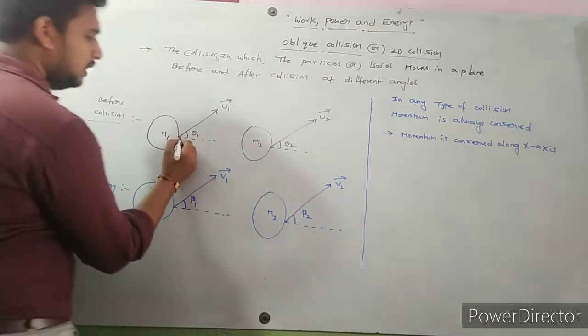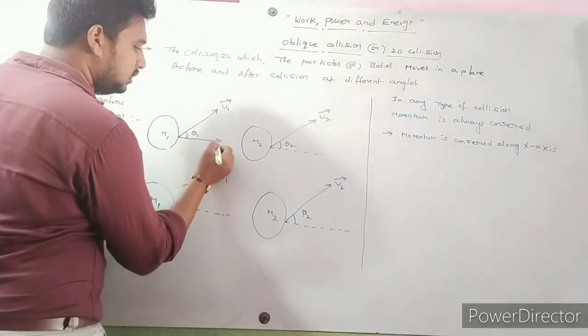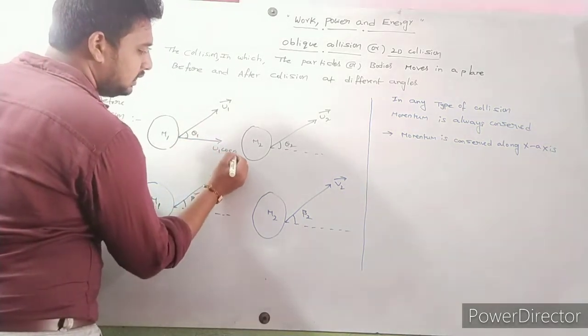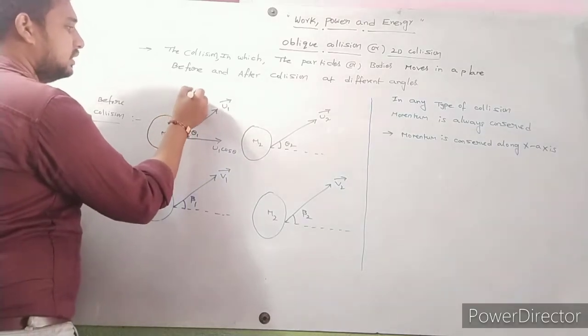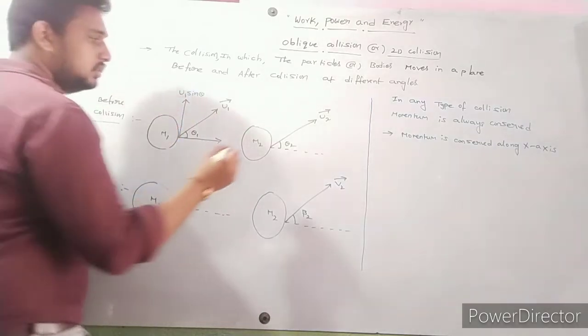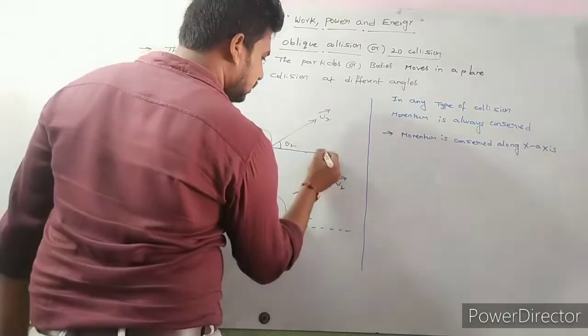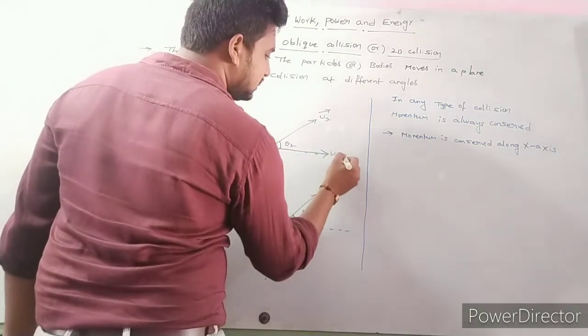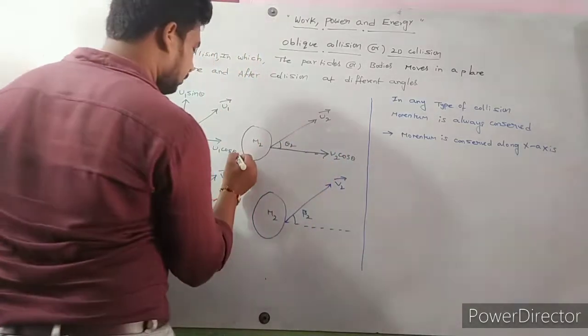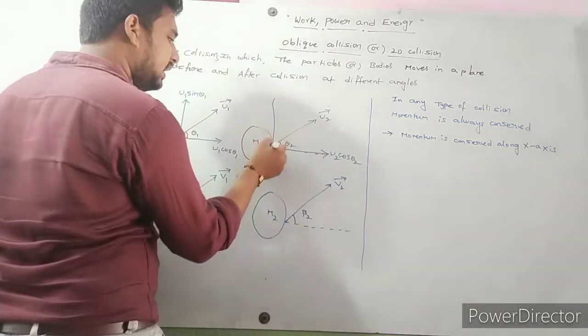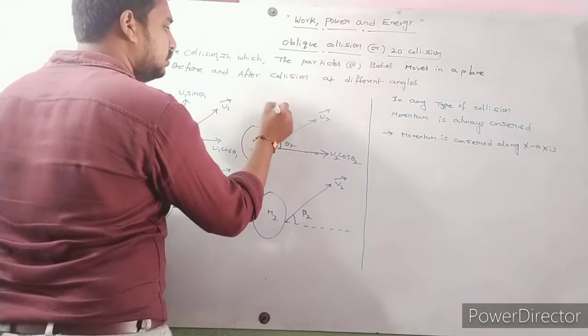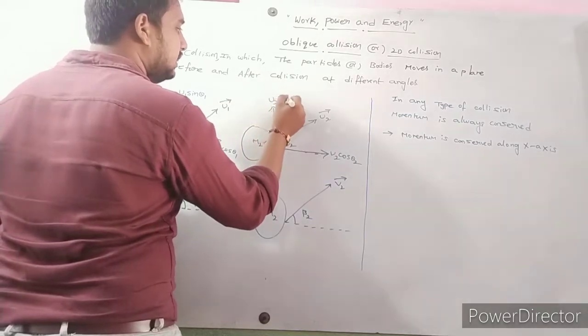One is u1 cos theta1 along the x-axis, and another is u1 sin theta1 along the y-axis. Similarly, u2 cos theta2 and u2 sin theta2.